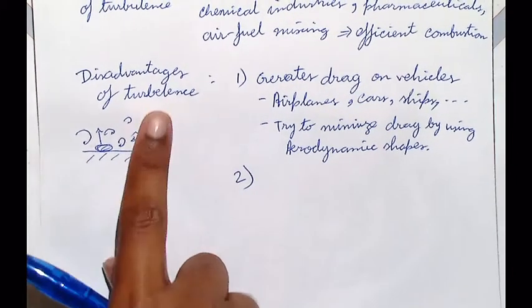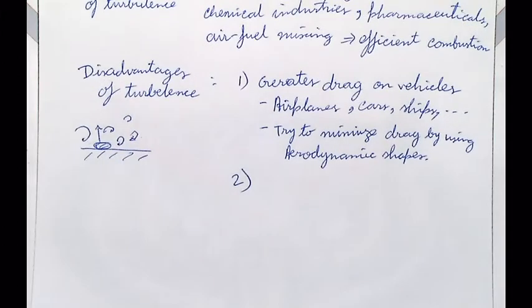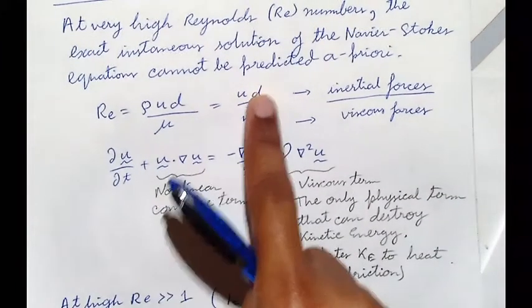Think in terms of something that's very important to us here in Florida. What happens from August to November? Hurricane season. All right, so give me more. Okay, so think about the Reynolds number. The Reynolds number is U times D over mu.